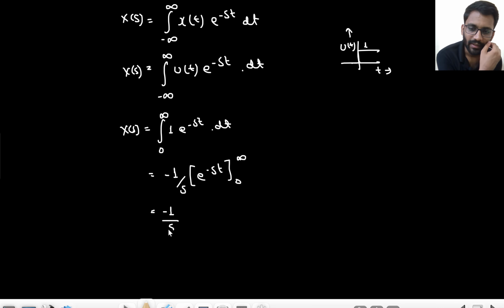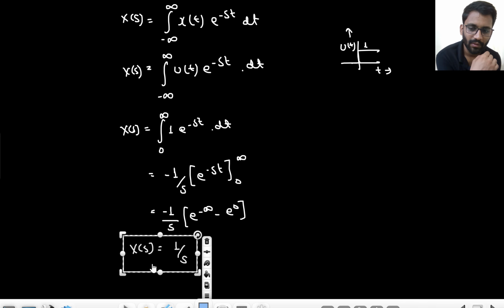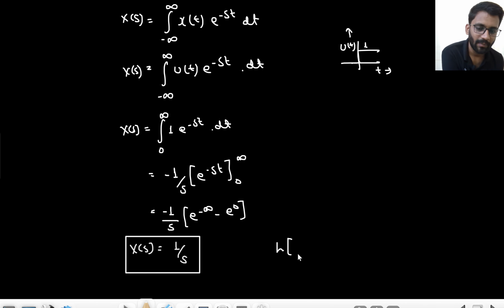So minus 1/s times e^(-infinity) minus e^0. This value is 0, this value is 1. So eventually you get 1/s. So the Laplace transform of u(t) is 1/s.